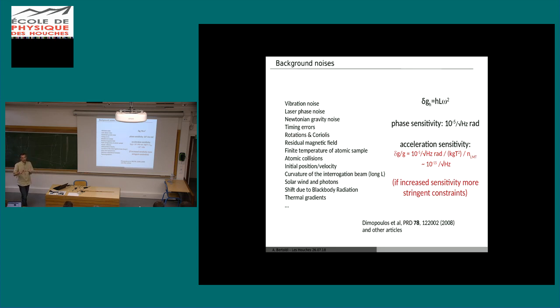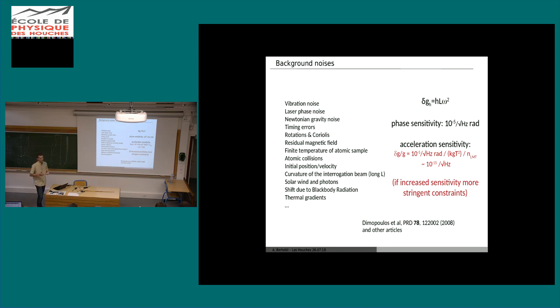A lot of rejection for several effects is based on the fact that the timing is really precisely tuned and symmetric between different parts of the interferometer. There are rotations and Coriolis, residual magnetic field. You see that typically you have to shield from magnetic field, electric field, and so on. There is the final temperature of the atomic sample. We discussed a lot about how to reduce it, delta-kick cooling, and so on. There are atomic collisions.